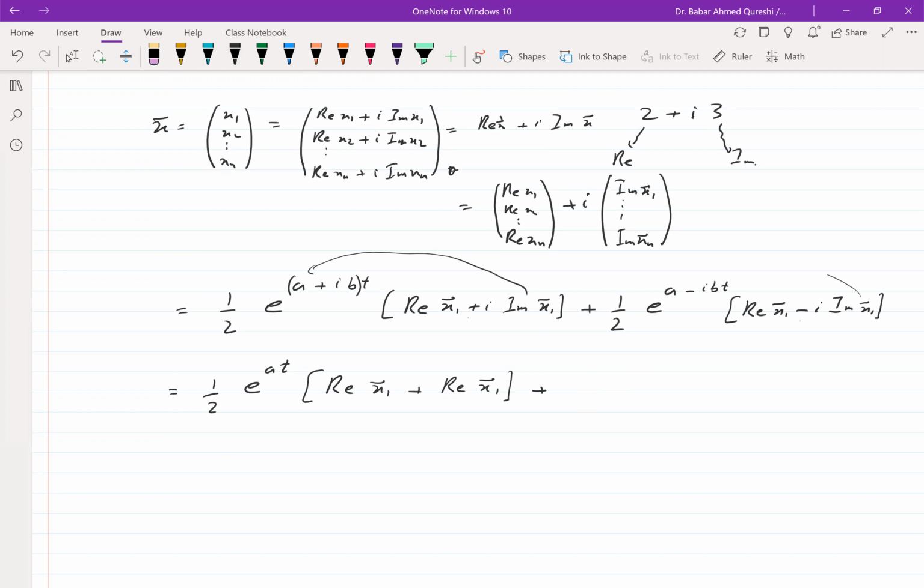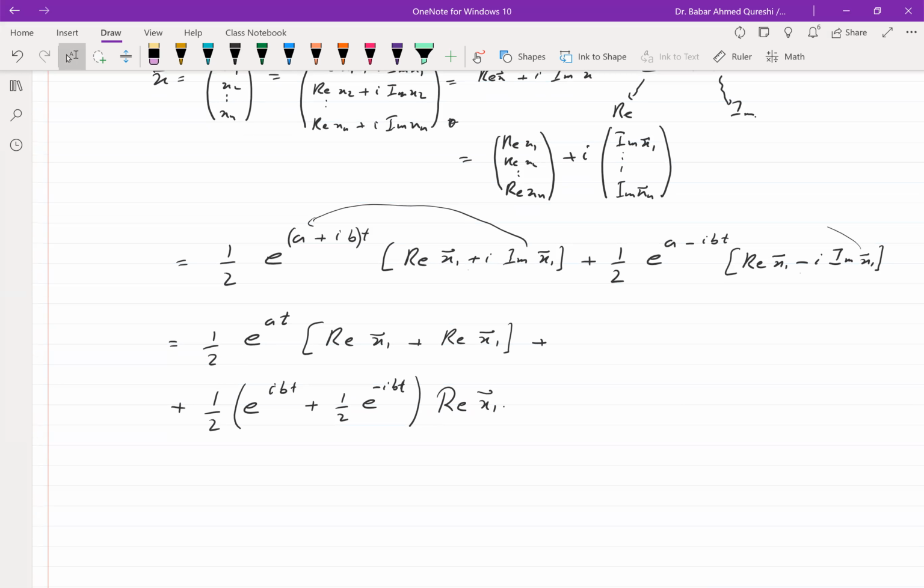So that doesn't appear. Now I have half e to the iota bt and plus half e to the minus iota bt, and I have real part of x1.